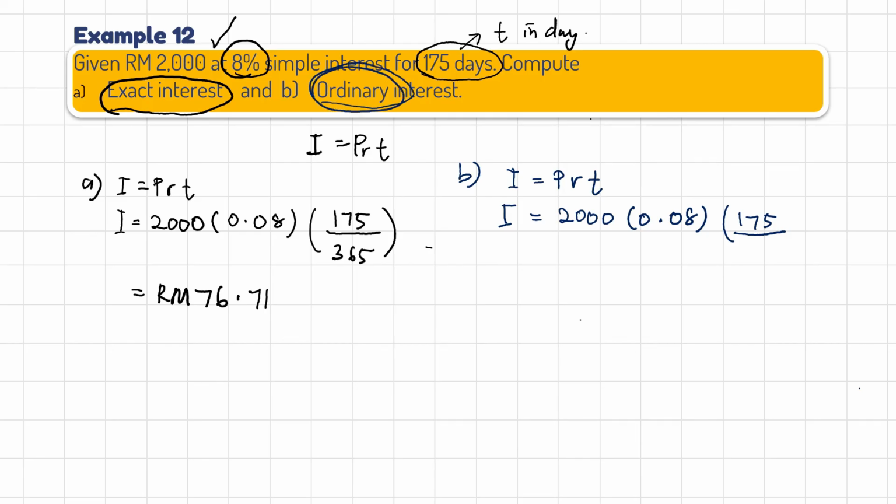Therefore, we need to divide it by 360. Just press your calculator and you will get your ordinary interest is RM77 ringgit and 78 cents. This is for ordinary interest and this is for exact interest.